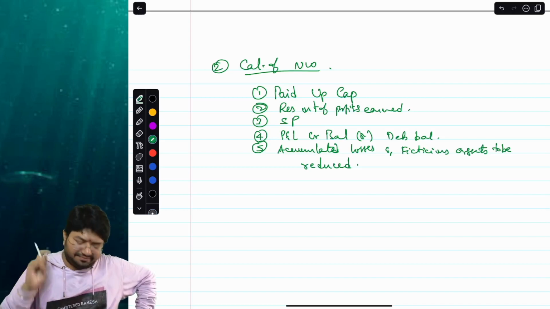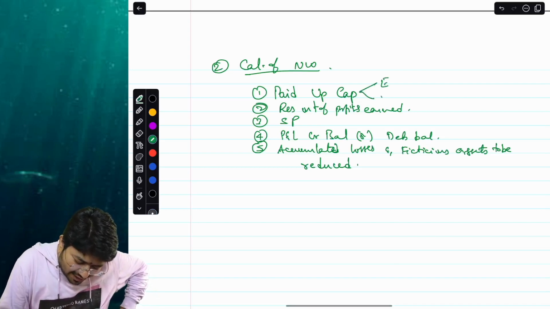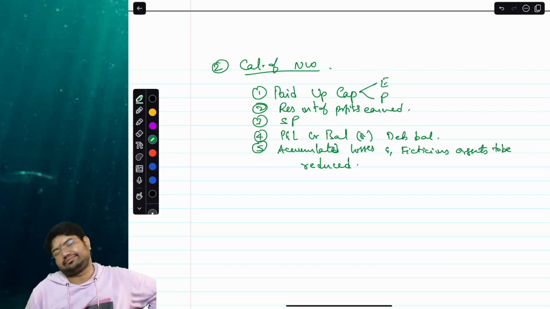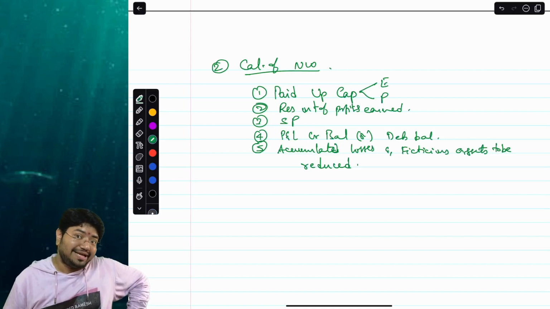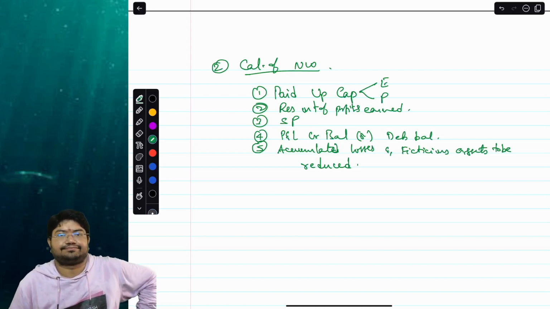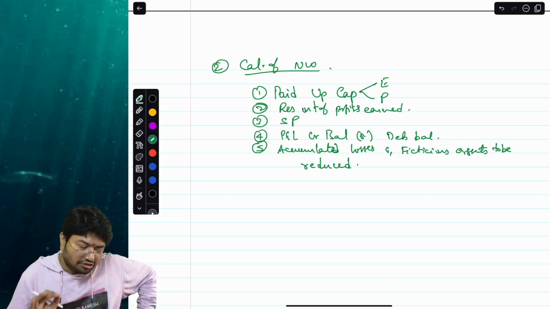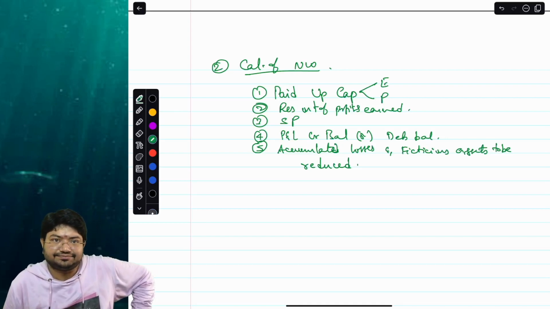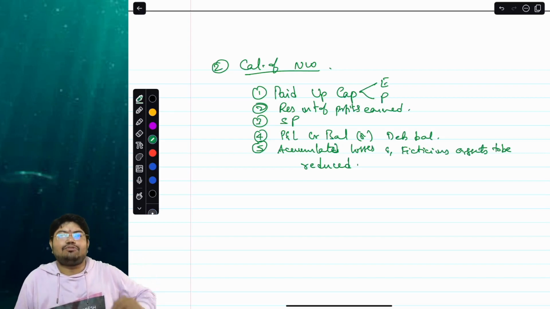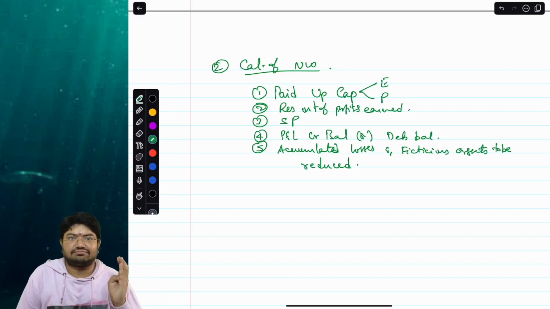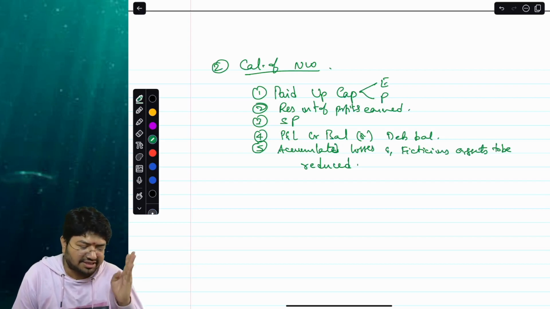Paid up capital. When I say paid up capital, it could be equity or preference. Okay. Next, reserves out of profits earned. When I say reserves out of profits earned, there could be general reserve which is created. There could be employee stock options reserve which is created.